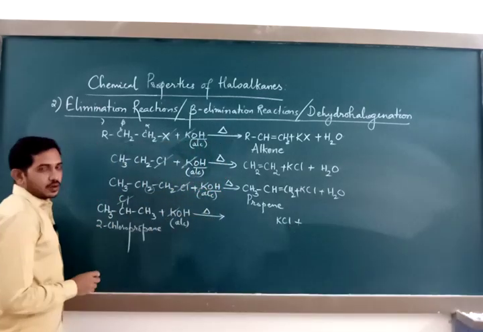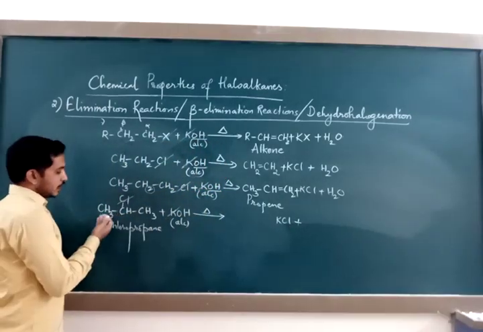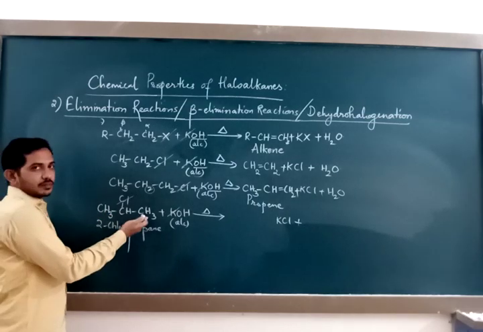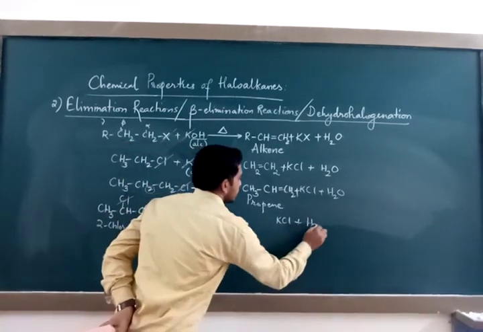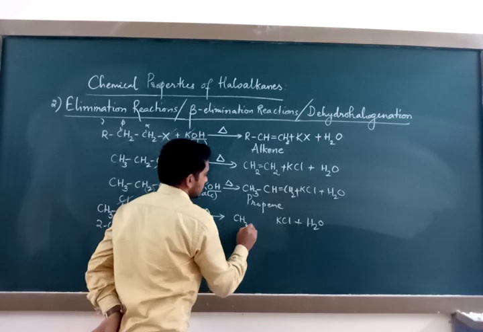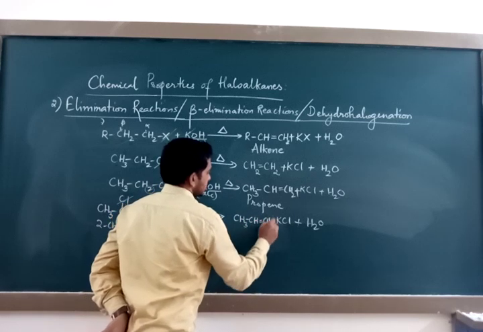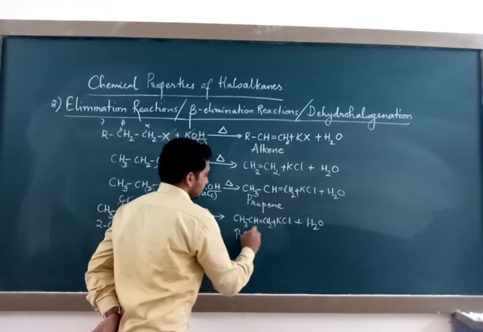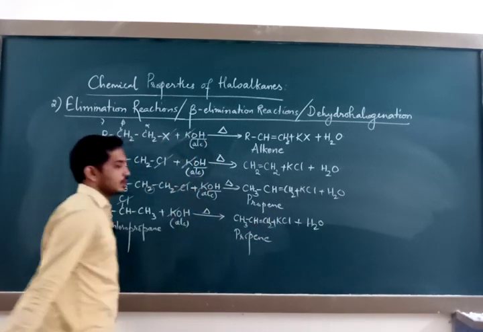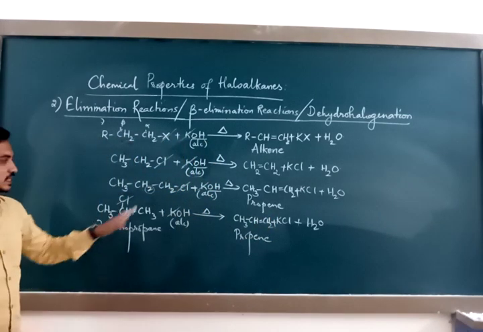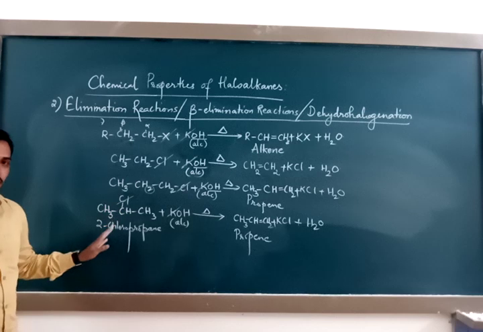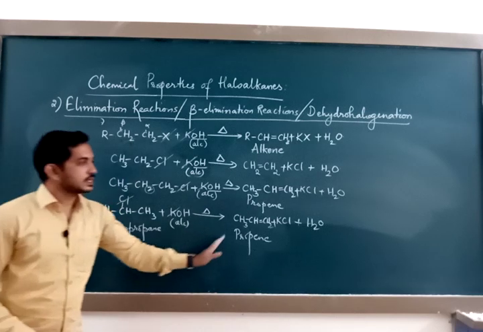You will eliminate water now. How do you eliminate water? You can remove hydrogen from either this carbon or this carbon. Both are the same. So eliminate water, and you will again get CH3CH double bond CH2, propene only. So whether it is n-propyl chloride or isopropyl chloride, the products remain the same.